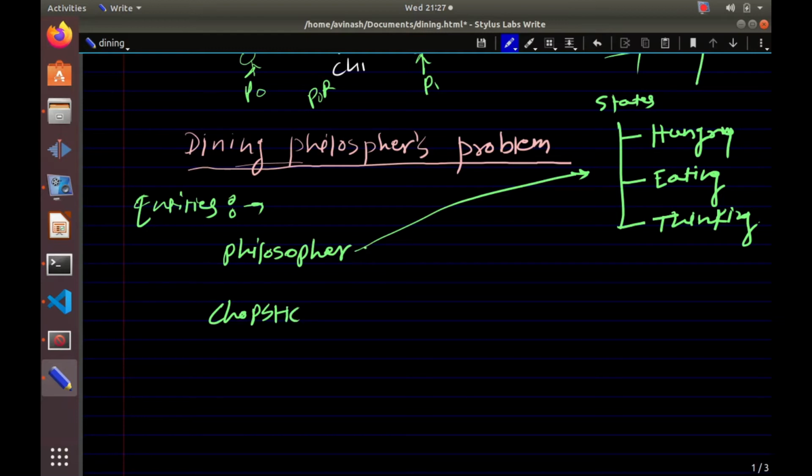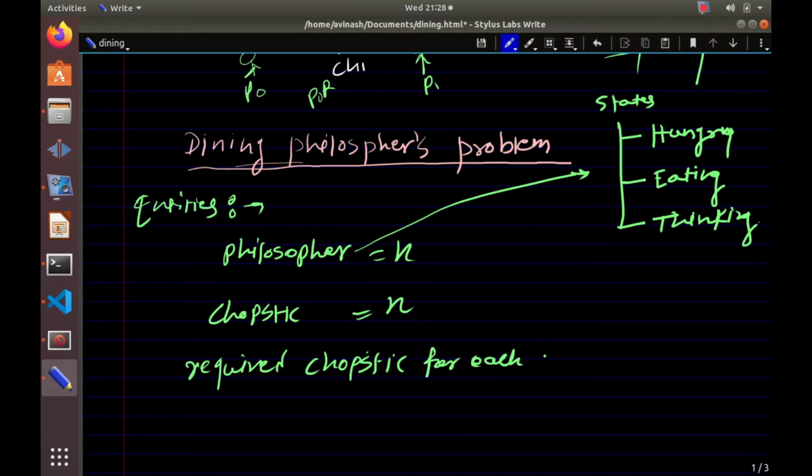Now the problem here is that there are n philosophers, and the number of chopsticks is also n, and the number of chopsticks required for each philosopher is equal to 2. That means every philosopher requires 2 chopsticks to eat.